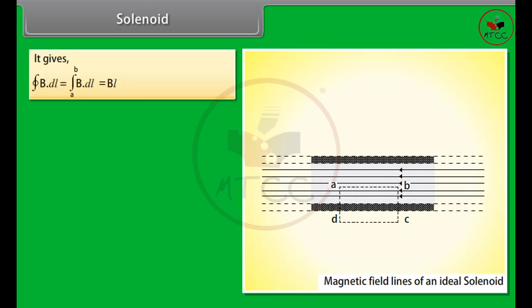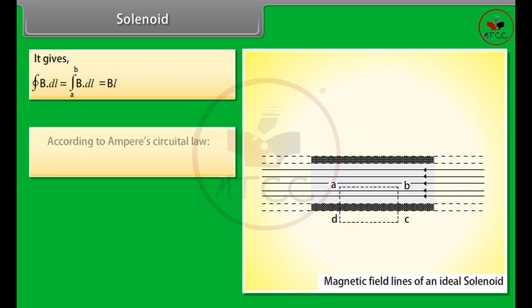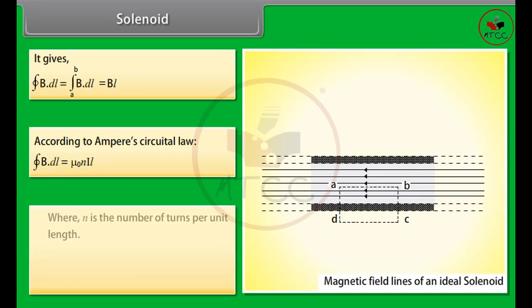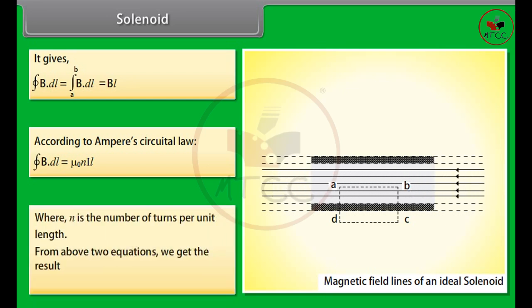It gives closed integral of B dot dl is equal to integration from A to B of B dot dl, which is equal to BL. According to Ampere's circuital law, closed integral of B dot dl is equal to mu naught nIL, where n is the number of turns per unit length. From the above two equations, we get the result B is equal to mu naught nI.